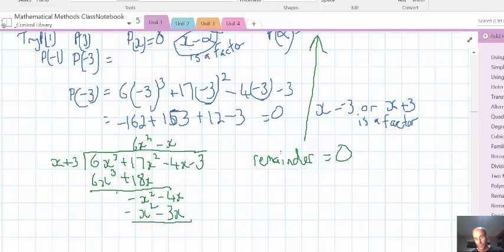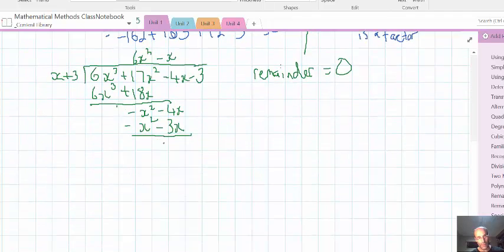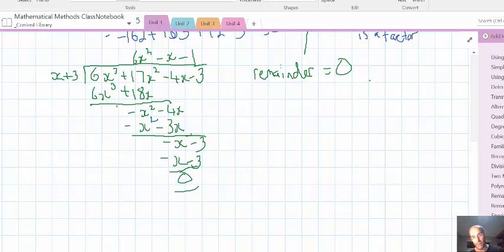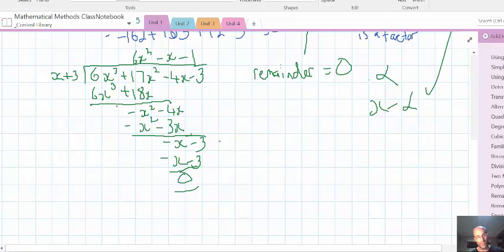That eliminates the squared terms, and negative 4 plus 3 is negative 1x. Bring down the minus 3, and times by negative 1 gives x minus 3, which leaves a remainder of 0. That's all gone well, so we don't have to go back and find another alpha. We found it correctly.